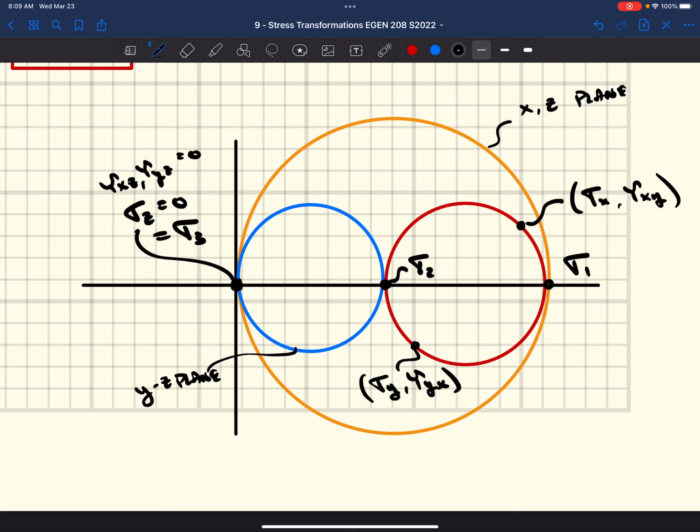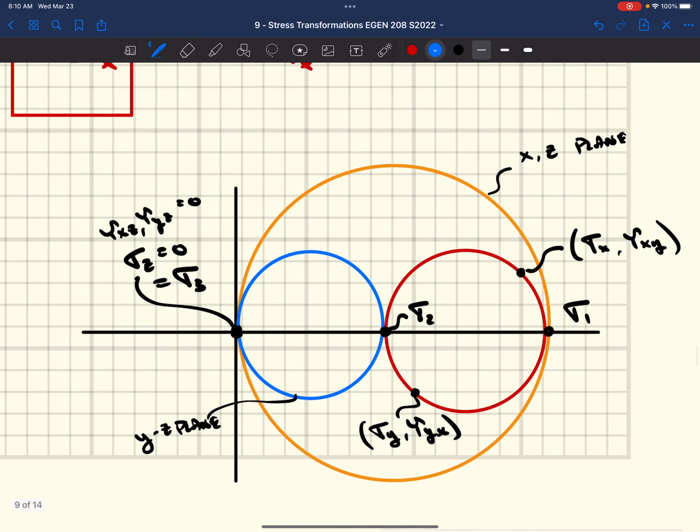And so what happens is, as you can see, the circles get larger in radius. And we know that the maximum shear stress is the maximum point above and below our x-axis. So we end up with this point up here, and this point down here.